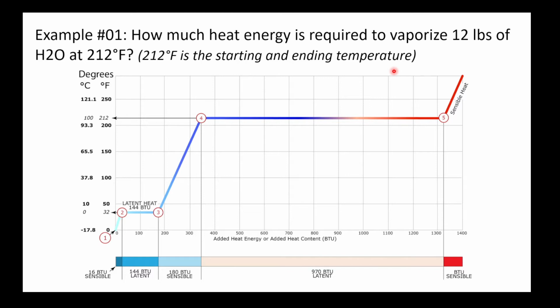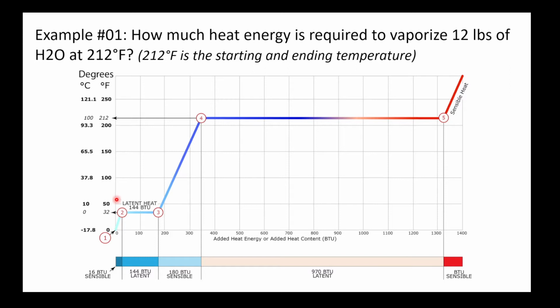The questions are going to be in this format, and you are going to try and find a starting point. The only thing that will make it easier for you to find a starting point is if you paid attention to where you are starting and ending on the y-axis here, the temperature. All right.